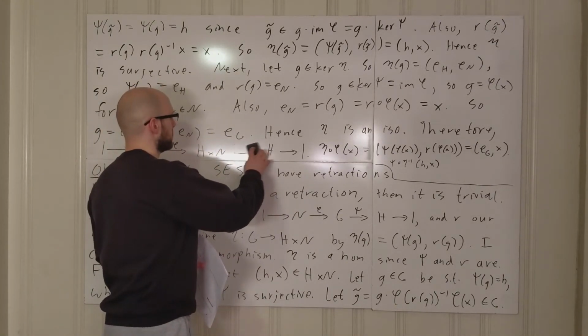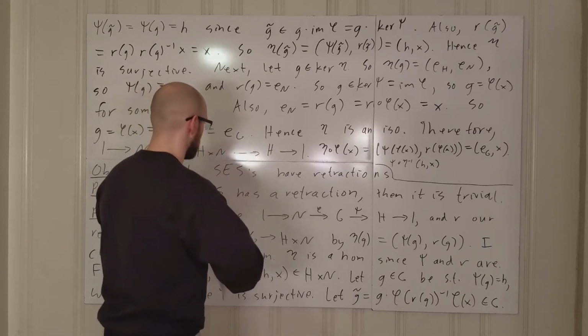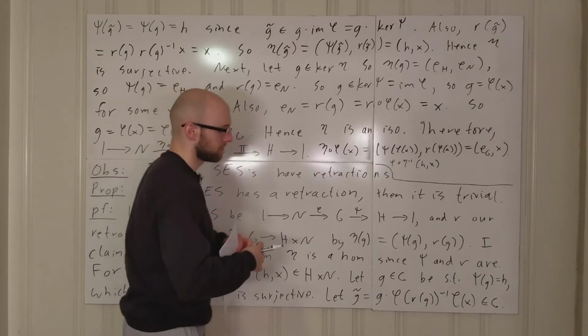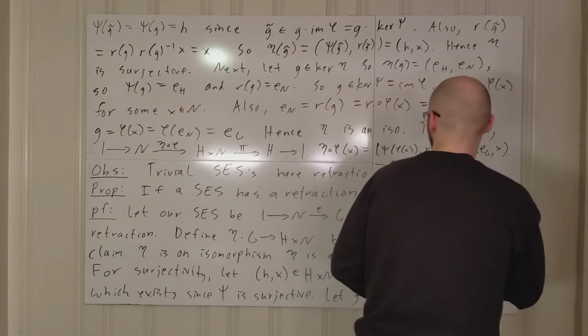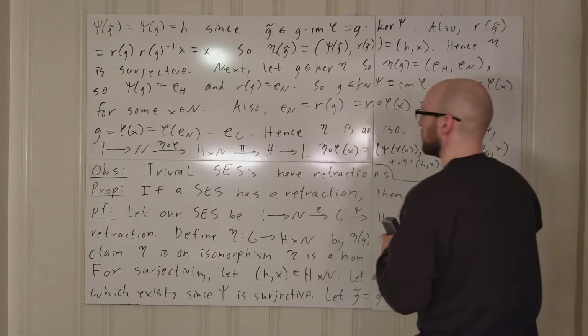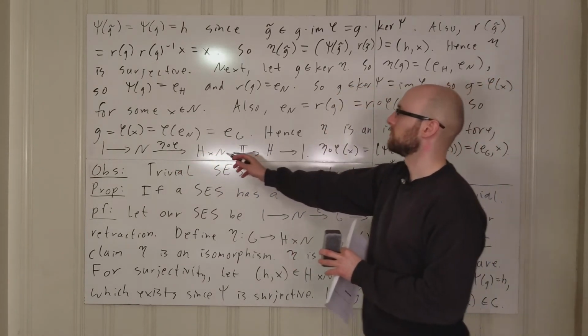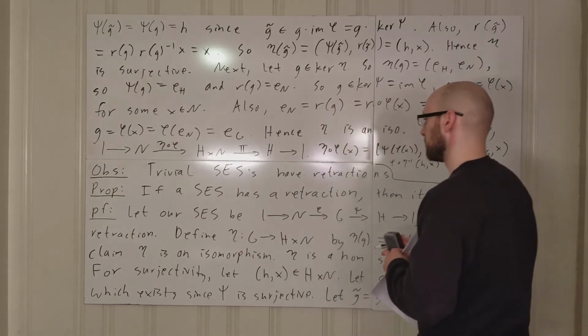So yeah, let's do that. Let's take this and replace it with the projection pi. And obviously this is a homomorphism that has a retraction R.